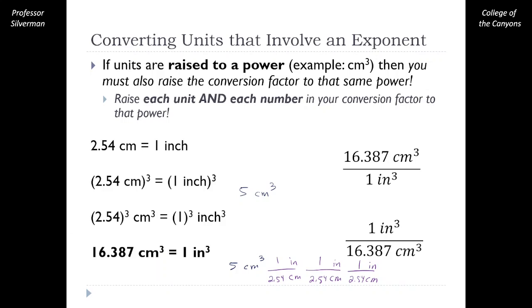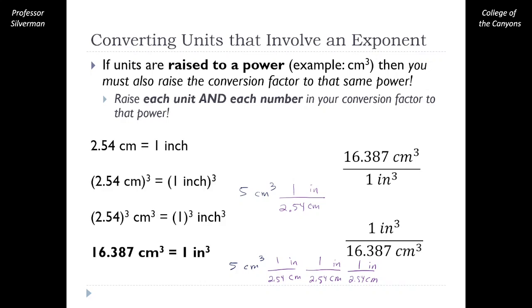A second way to think about this is to set up the conversion that we know here without any exponents. And then we can add exponents, but not just to our units.